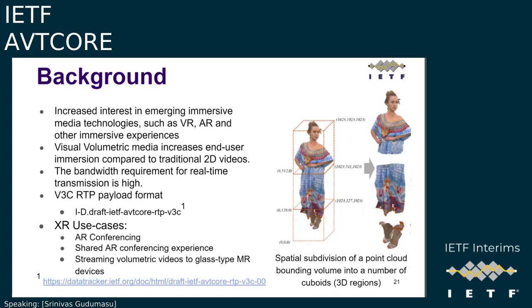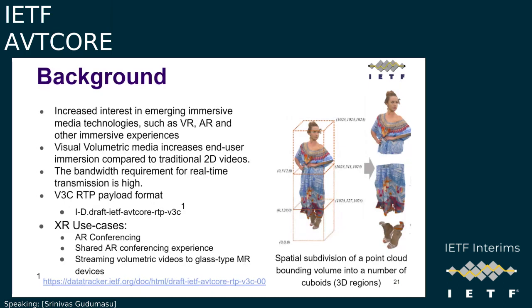The amount of data required to store these point cloud objects is enormously high, because we have millions of points in dynamic point clouds, and the number of bits required is pretty high.